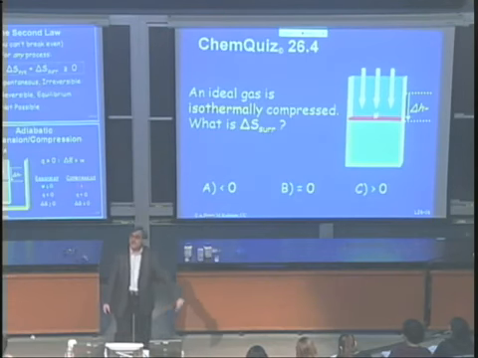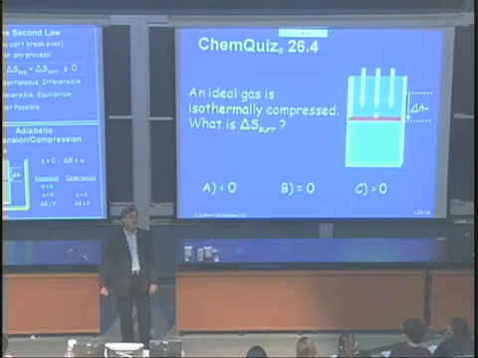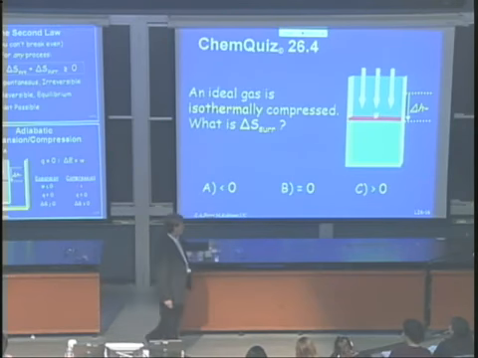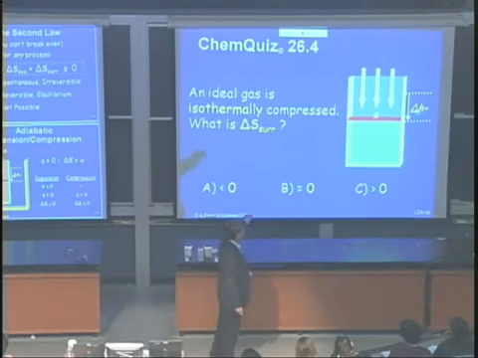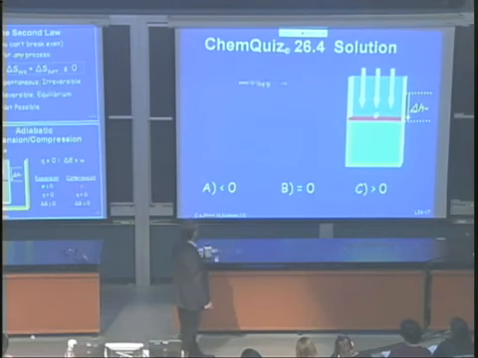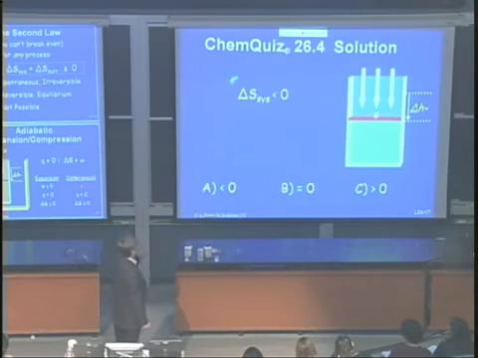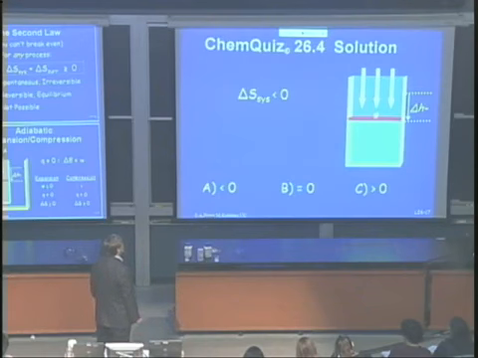Delta S of the system was smaller than 0. But now heat flows into the surrounding. What does this do to the entropy of the surrounding? It increases it. Of course, they have higher velocity. Now they have more microstates, these molecules in the surrounding, whatever the surrounding is. So with this, delta S of the system is smaller than 0.